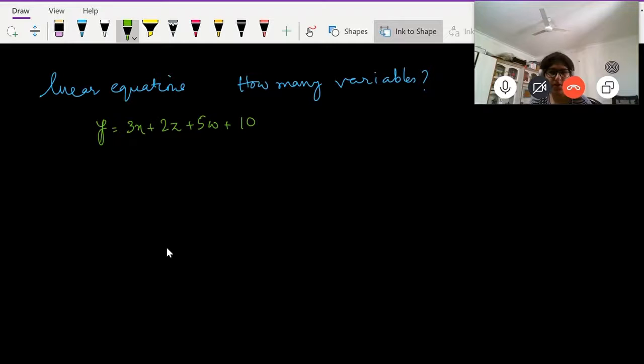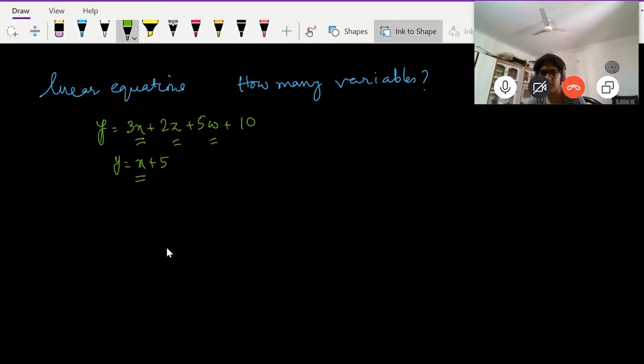If we put the values of x, z, and w, it will determine the value of y. Correct. So the difference between the first equation that I wrote and this equation is that in the first equation, the value of y depends only on one variable, which is x. But here, the value of y depends on three variables, which are x, z, and w.